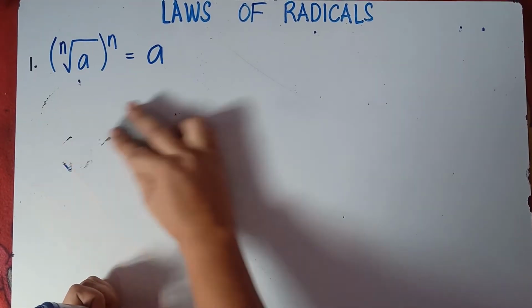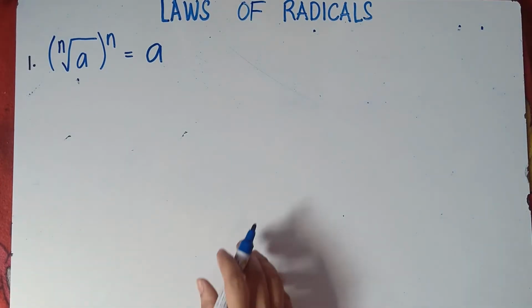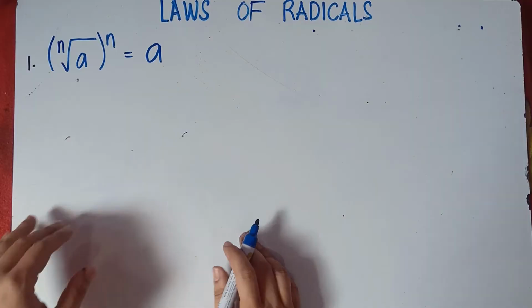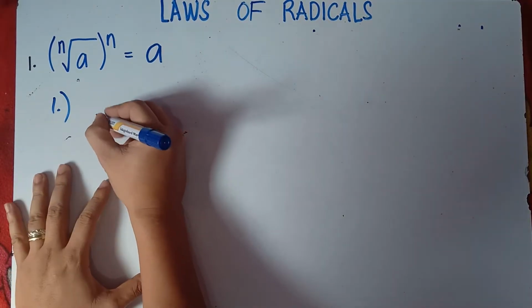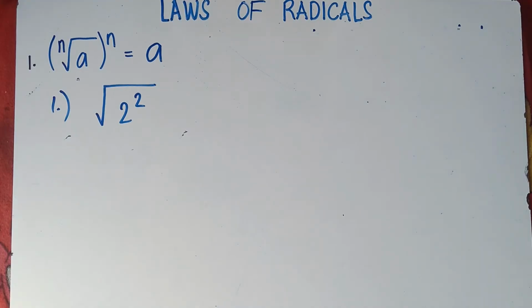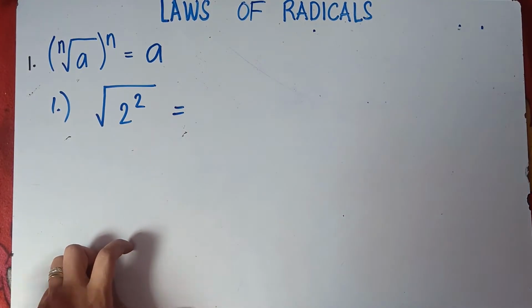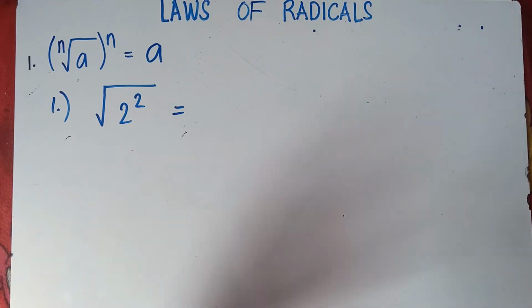Example number 1. What if you have the square root of 2 squared? What would be the answer, class? That's correct. Your answer is 2, right? Do they have the same index? No. Always remember this one.